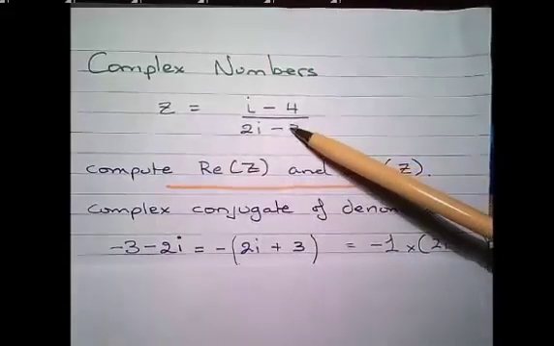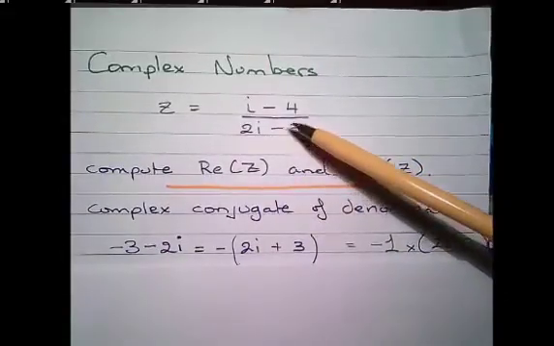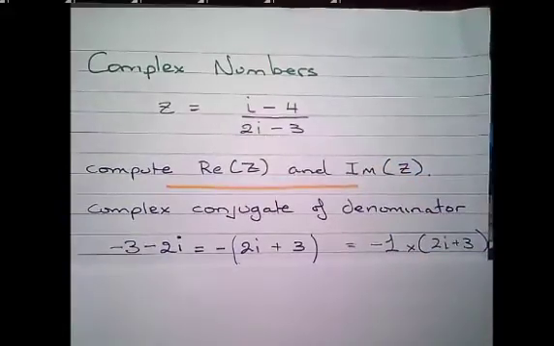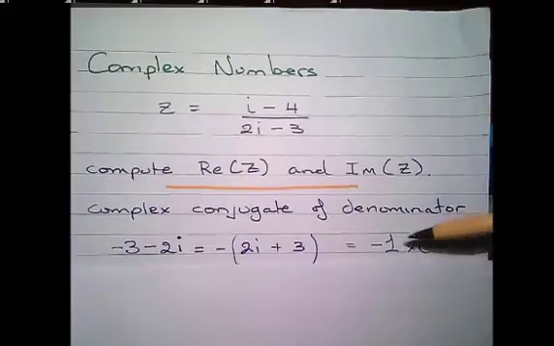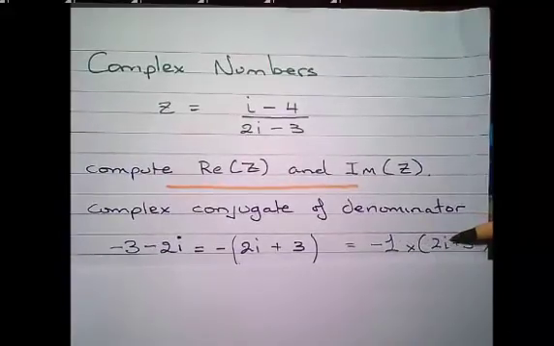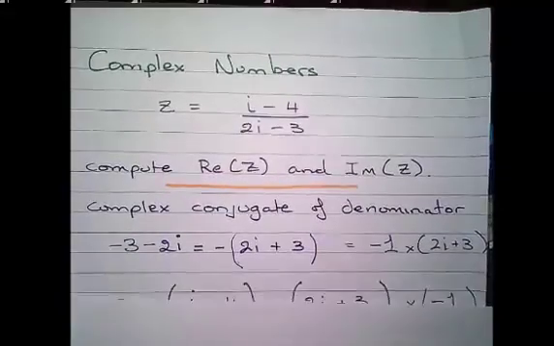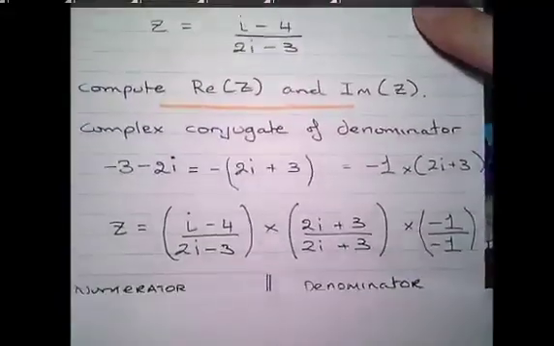So it's essentially changing the sign of the real part, which is effectively the negative of the complex conjugate of the denominator. So we could express that out a little more fully as minus 1 times 2i plus 3.